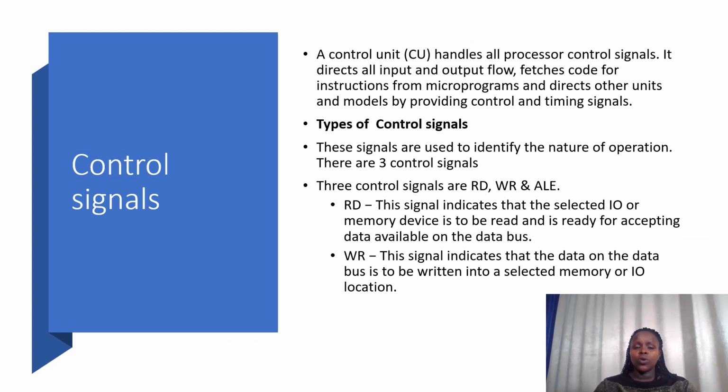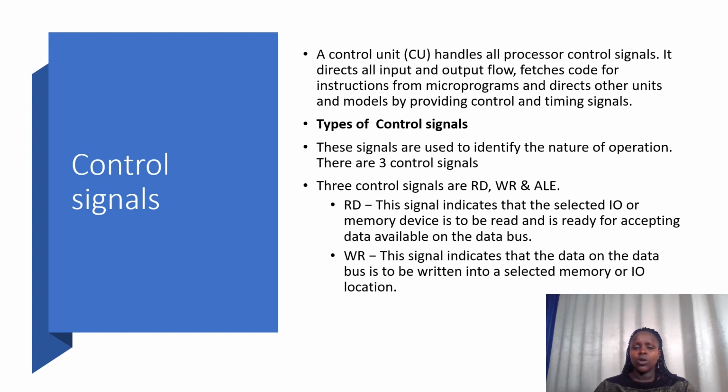With those control signals generated by the control unit, the control unit handles all processor control signals. It directs all input and output flow, fetches code for instructions from microprograms, and directs other units and modules by providing control and timing signals.